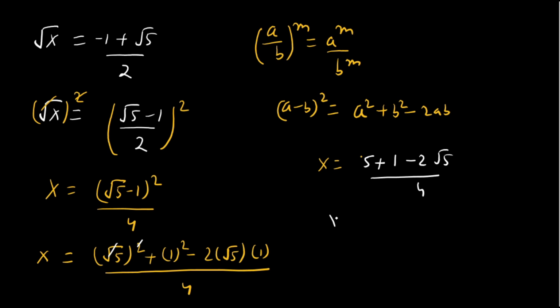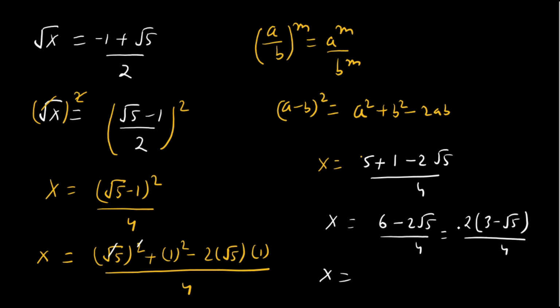Then in the numerator, 5 plus 1 is 6, minus 2 times square root of 5, over 4. In the numerator if we take 2 common, then 3 minus square root of 5 over 4. Then x is equal to, if we divide the numerator by 2, we get 1, and if we divide the denominator by 2, we get 2. Then 3 minus square root of 5 divided by 2.